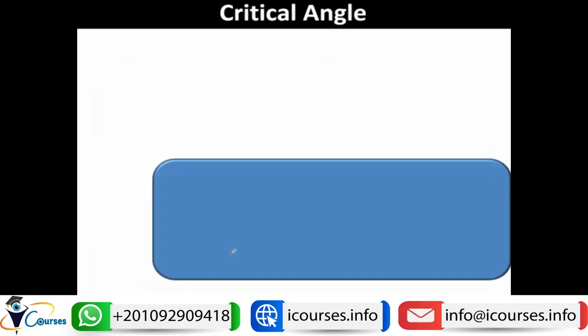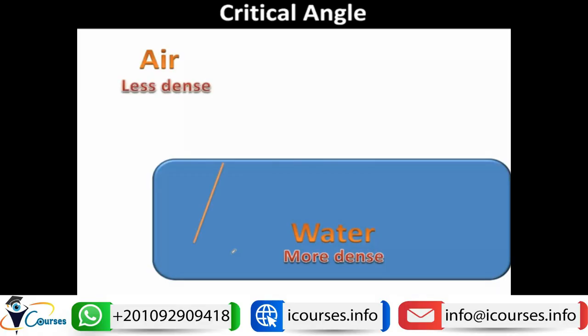The second important clinical application is the critical angle. So what is the critical angle? If we have a more dense medium like water, and this is the less dense medium, which is air, and we have light passing from the more dense to the less dense medium, what will happen? As we know from refraction, it will be refracted away from the normal as the light speeds up.